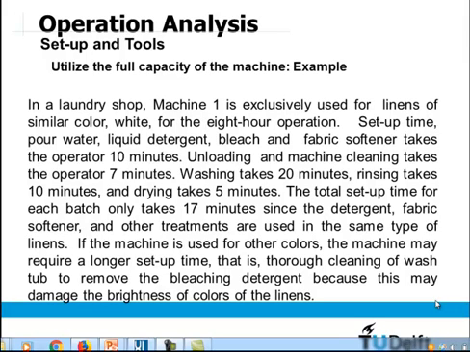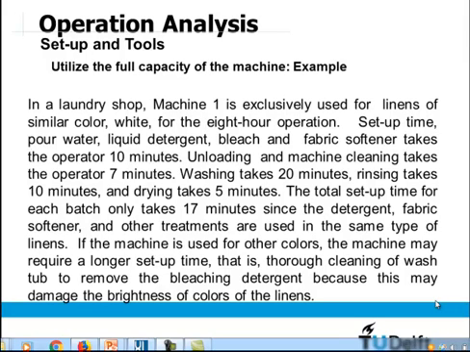pour water, liquid detergent, bleach and fabric softener takes the operators 10 minutes. That is the time for the setup time. Unloading means taking the clothes out of the machines, and machine cleaning.